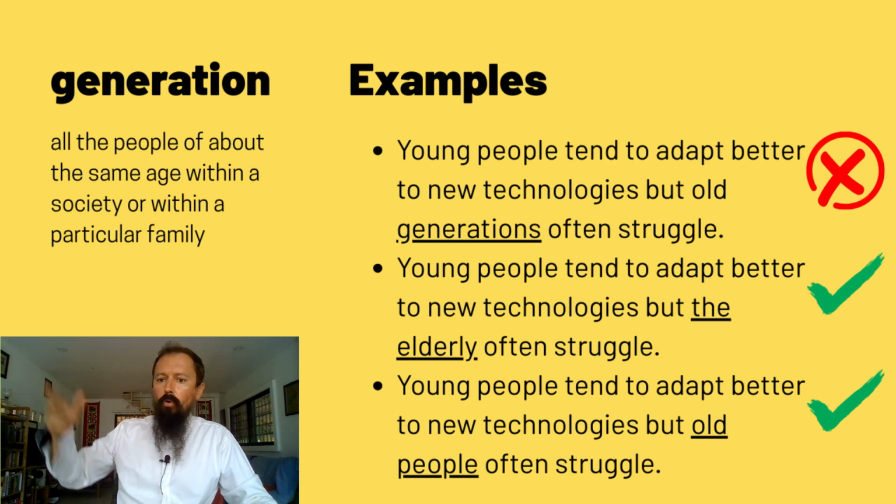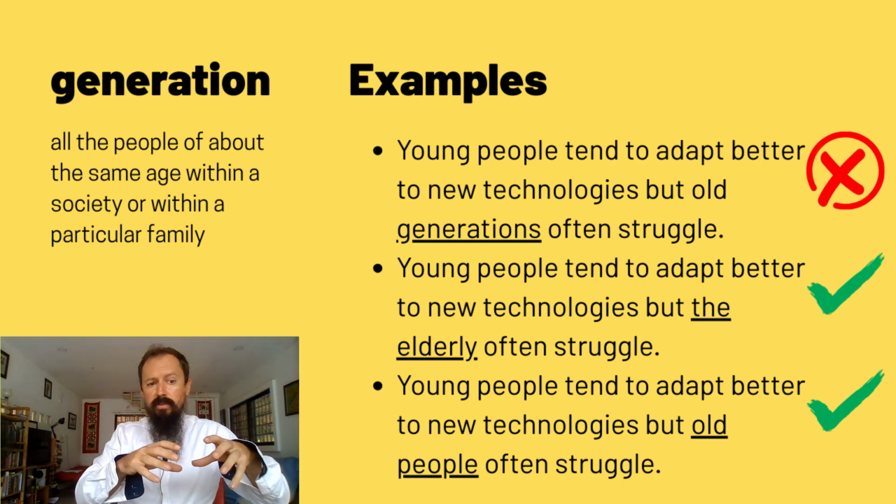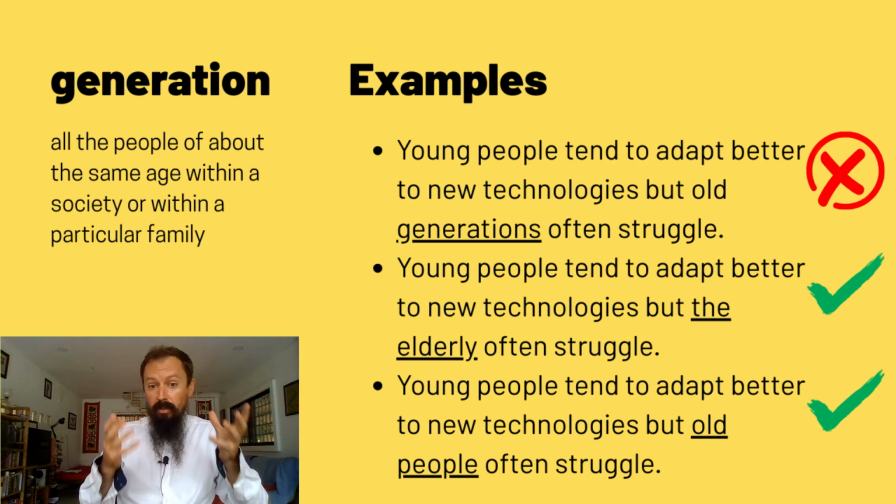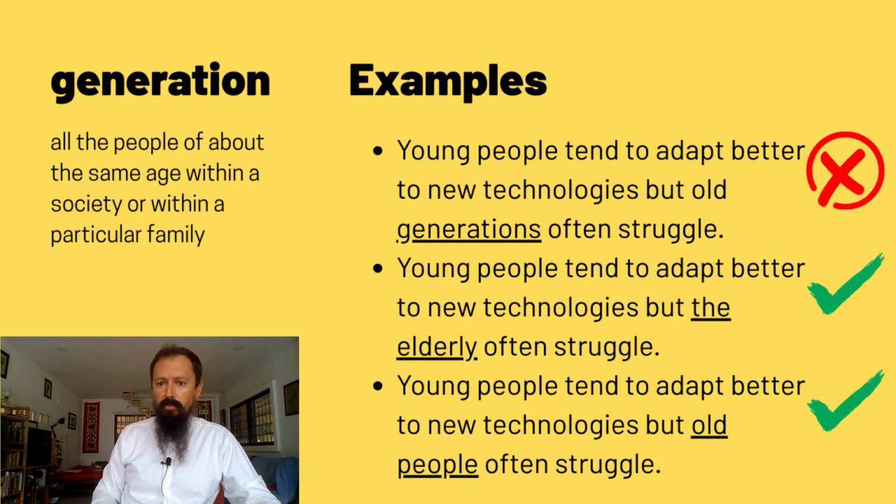So if you're going to talk about old people or young people, don't just say old generations and young generations. Now, there are some cases when you might be talking about several younger generations, so several individual groups, but usually it's wrong. So here's our examples. Young people tend to adapt better to new technologies, but old generations struggle.